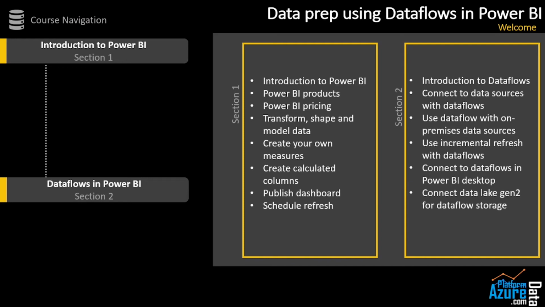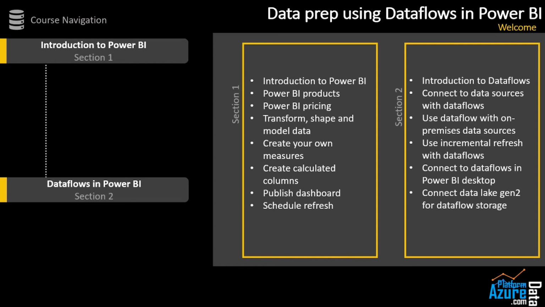First we'll talk about introduction to data flows and then how you can connect data sources with data flow, then use data flow with your on-premise data sources. And then this is a very important feature that has been added in Power BI, which is called incremental refresh with data flow. This is a feature which makes Power BI very powerful, so we'll talk about that. And then you have connect to data flows in Power BI Desktop.